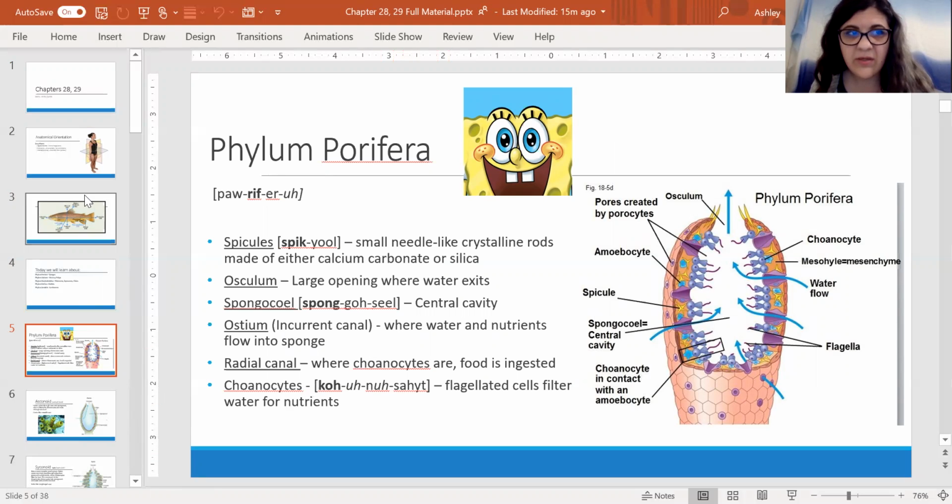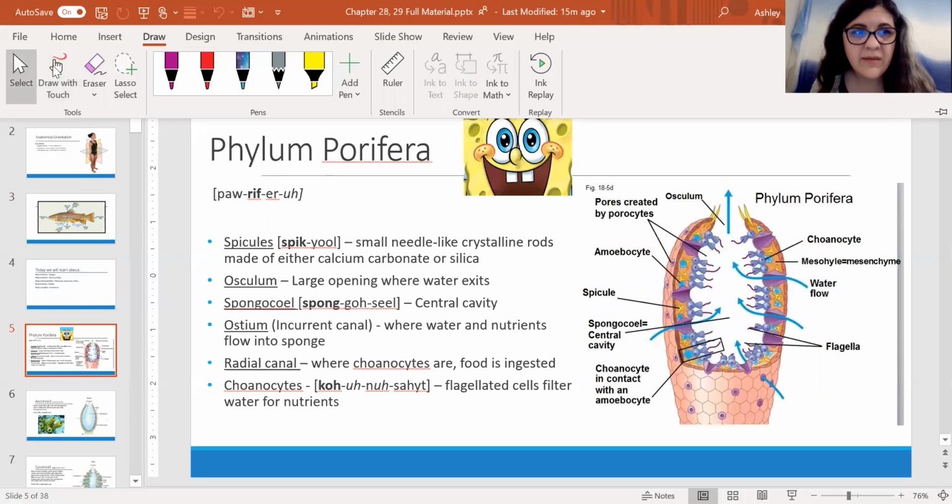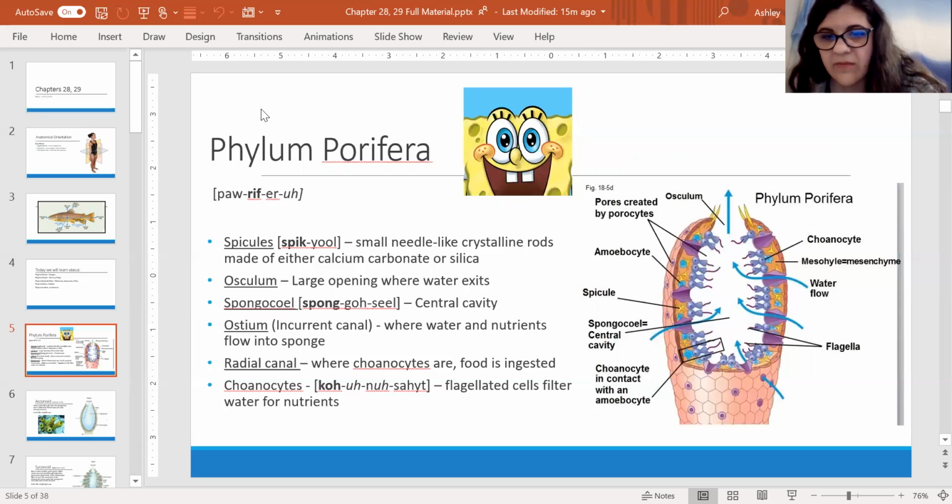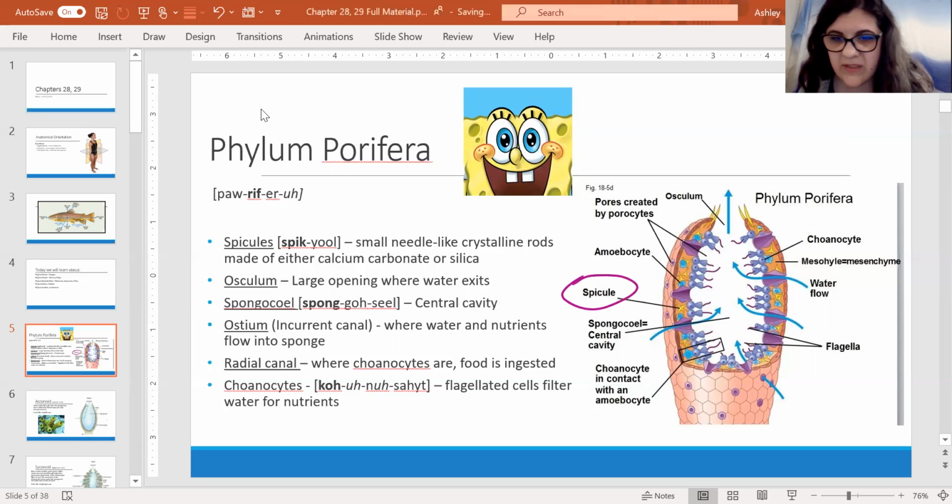Those are right here. They will be in part of the center of the sponge, as well as towards the outside of the sponge for protection. Looking at the next one here, the osculum is where water will leave.